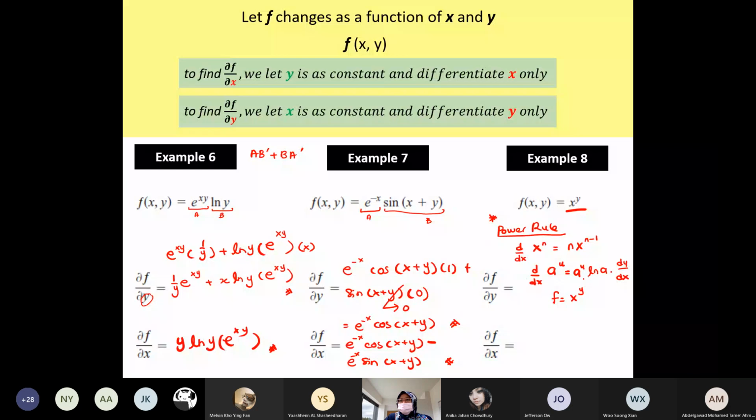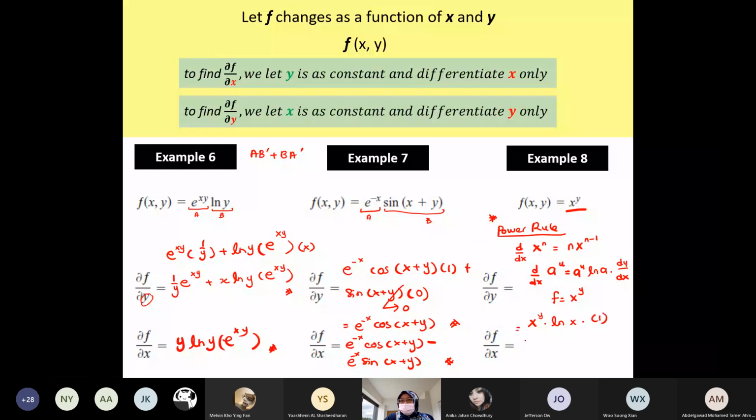So you have a, which is x to the power of y, multiplied by ln x, multiplied by du over dx. Okay, so du over dx here is equivalent to 1, isn't it?